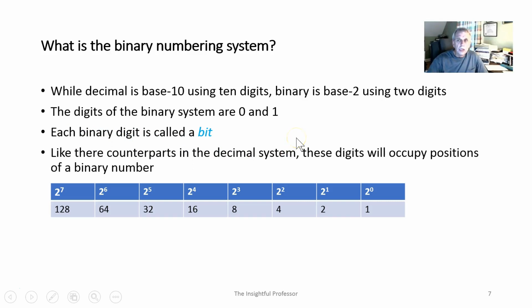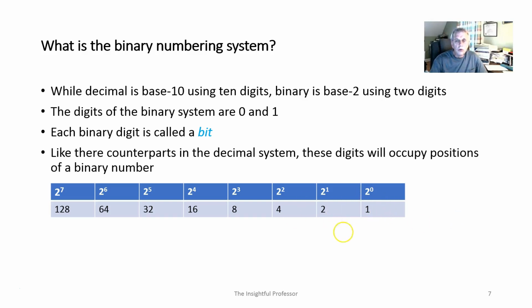Like their counterparts in the decimal system, the binary digits will occupy positions within the binary number. The positions are, again, the base raised to the power of 0, 1, 2, and so forth. What I've done here is show you the base raised to the power, and beneath it the decimal equivalent to make it easier to understand the value of each position, because we're probably transitioning from decimal to binary.